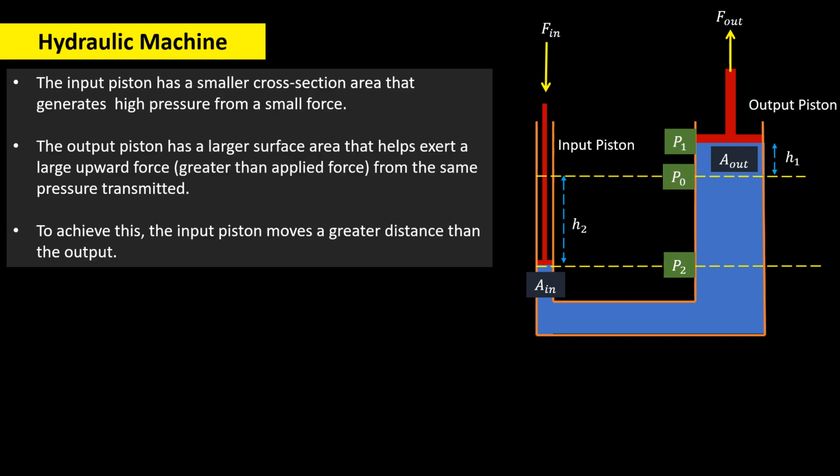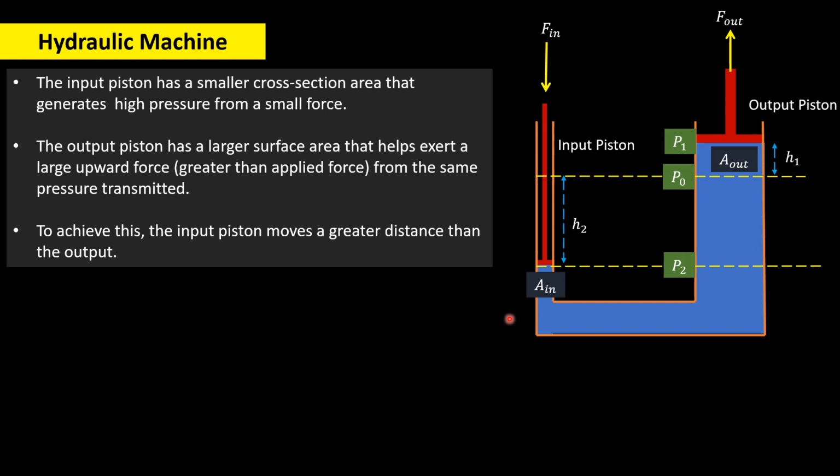So the input piston has a smaller cross-section area that generates high pressure from a small force. Then the output piston has a larger surface area that helps exert a large upward force that is greater than the applied force from the same pressure transmitted. So what do we mean?